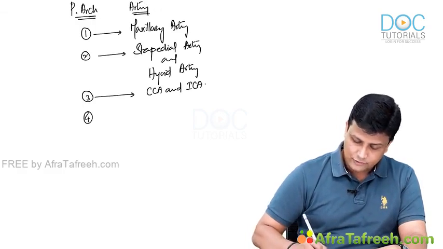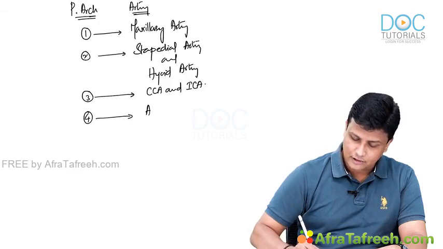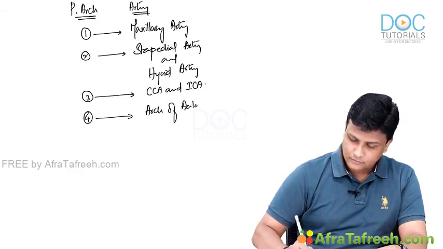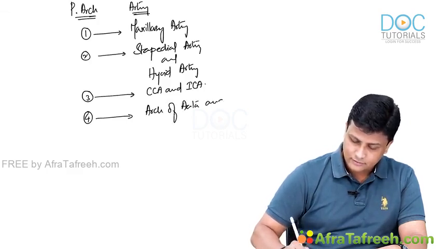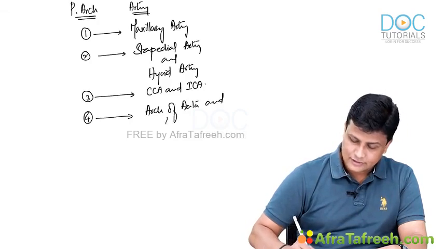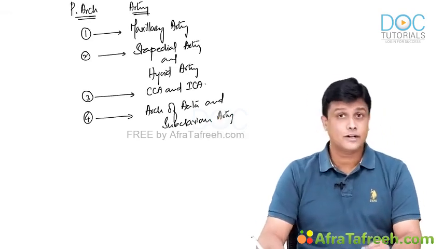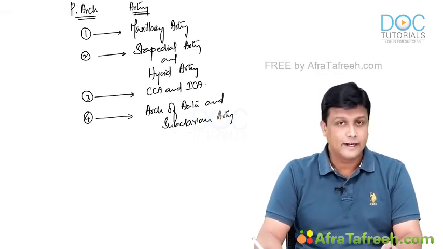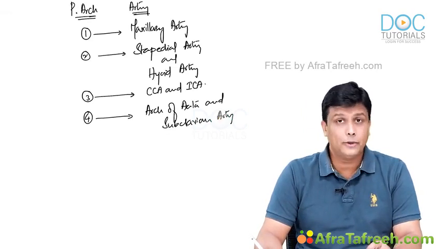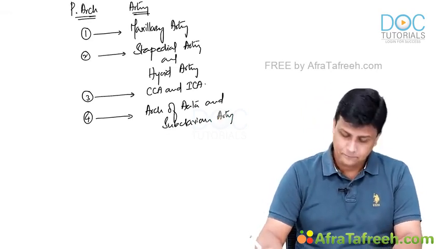Arch number 4: the left fourth arch artery is going to form the arch of aorta, and the right fourth arch artery is the one which contributes to the formation of the subclavian artery.